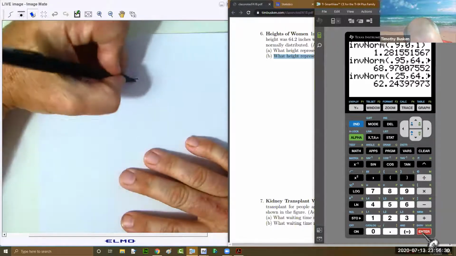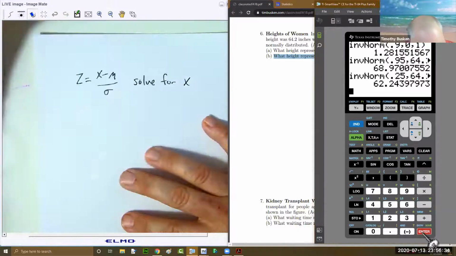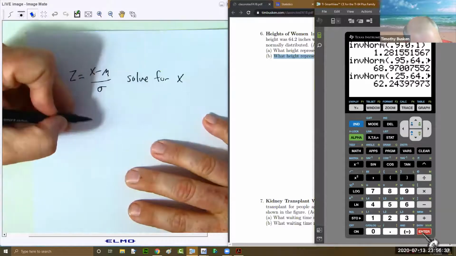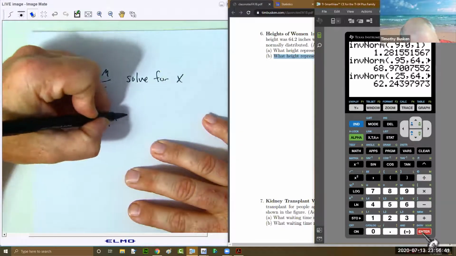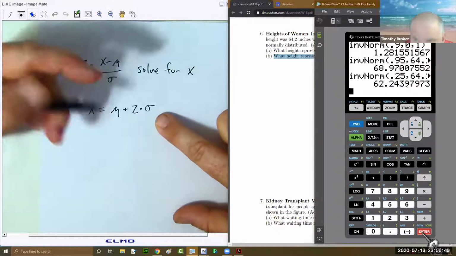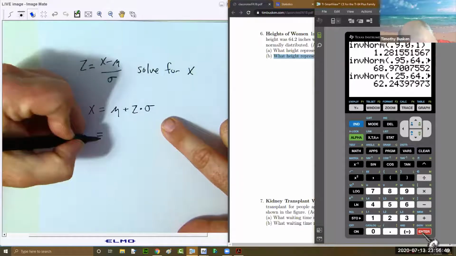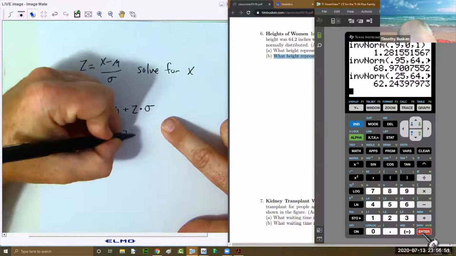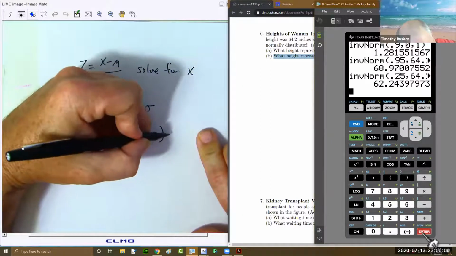When you solve this formula for x, you're going to get this formula here. X is equal to mu plus z times sigma. And we know what mu and sigma are. So mu was 64.2, plus some unknown value of z, times 2.9.